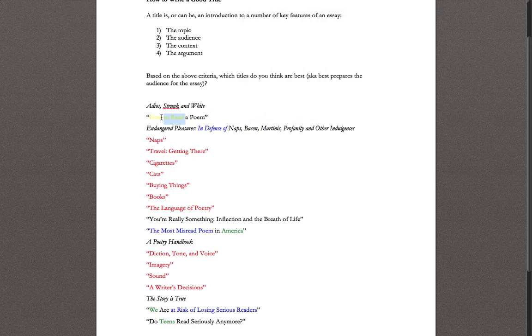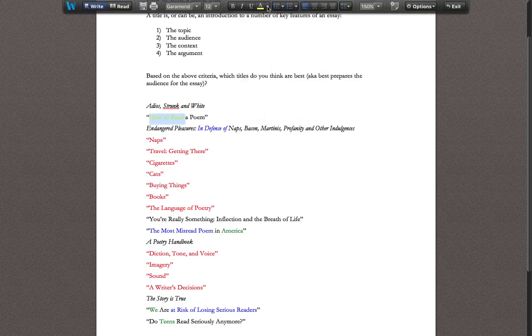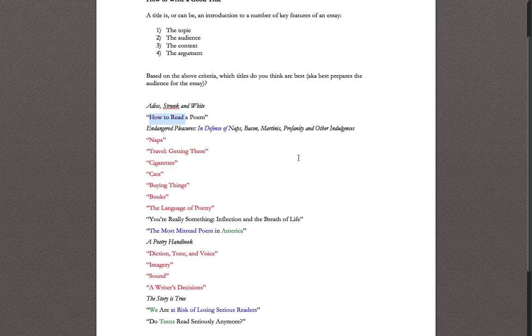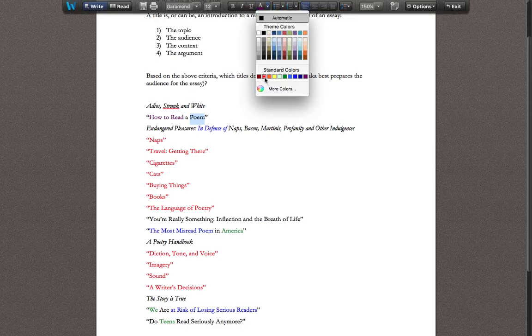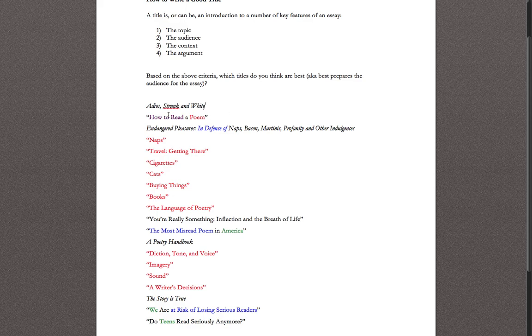Nope, that doesn't work. Let's go with purple. Okay, that works. How to read. It's the purpose or the part of the argument of the essay. Now you see how some of these things combine. A poem, well, that's the topic. The topic of the essay is poetry, but the purpose is teaching us how to read it.